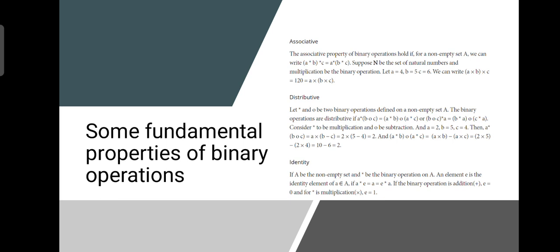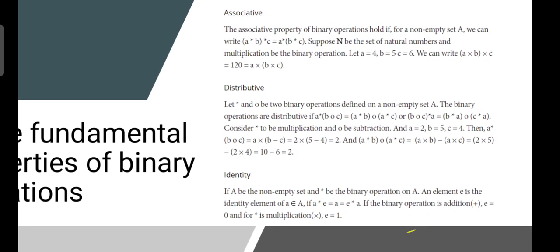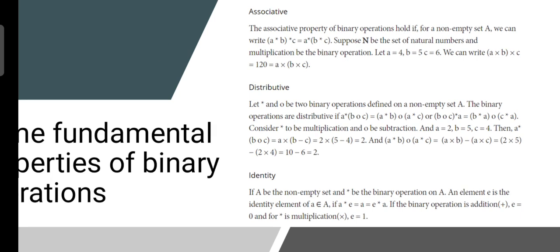Next are some fundamental properties of binary operations. The first property is associativity. In associativity, we see whether the combination of three elements in different order gives the same result or not.